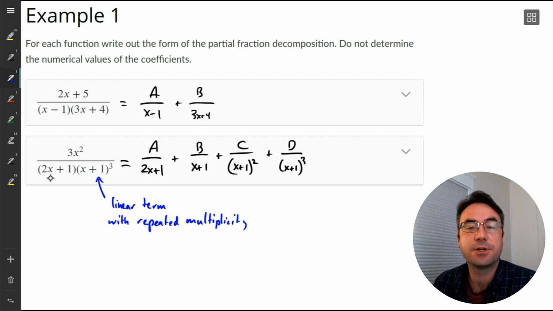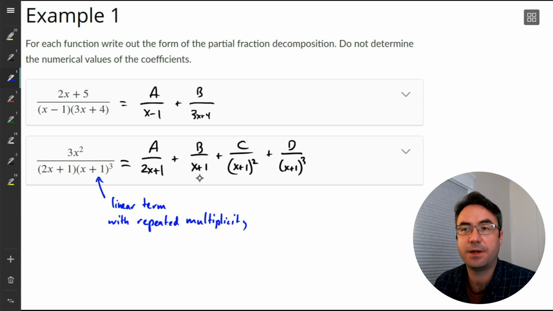If we have a linear term that just happens once, like this 2x plus 1, it just gets its own fraction, a over 2x plus 1. But if we have a linear term that's being repeated, it's going to get 3 separate fractions devoted to that linear term. And as we write them out, we just increase the power by 1 each time.